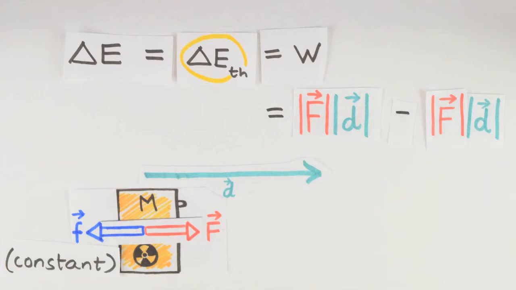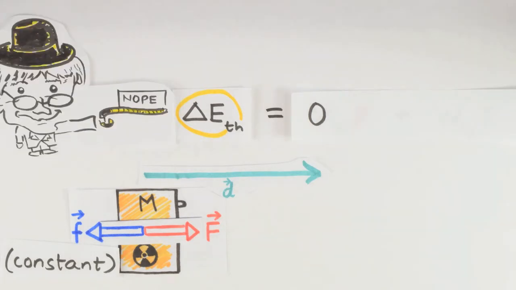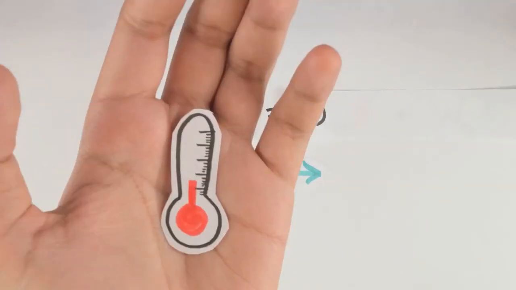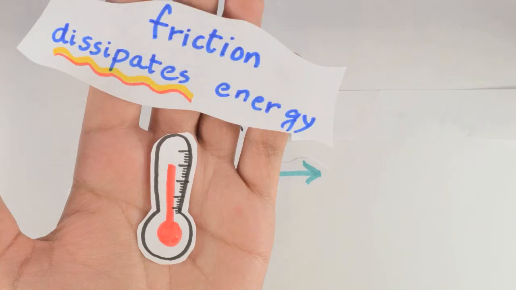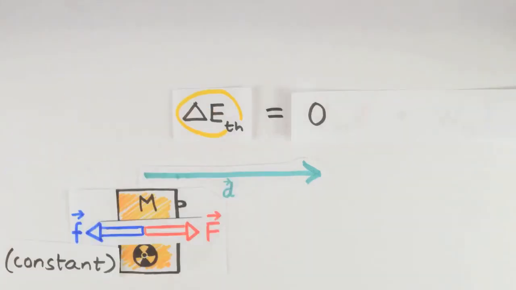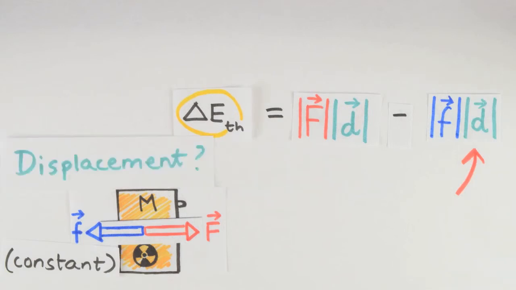The right-hand side of the energy principle would then be 0, suggesting delta E thermal is 0. This suggests that the block doesn't warm up as it rubs against the surface, but we know that's wrong from experience. We can simply rub our hands together and feel the increase in temperature as friction acts to dissipate energy. So the displacement through which the friction acts must be different from the center of mass displacement. But what is that displacement?